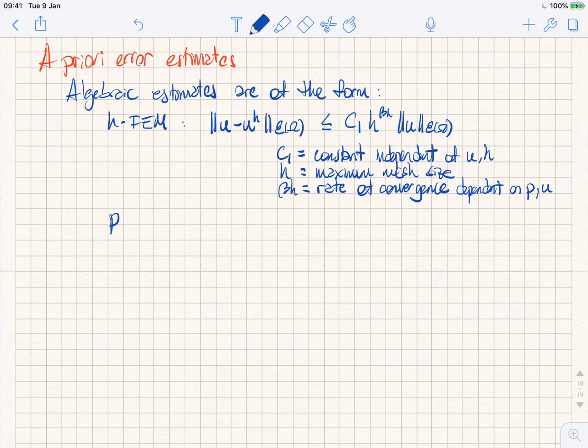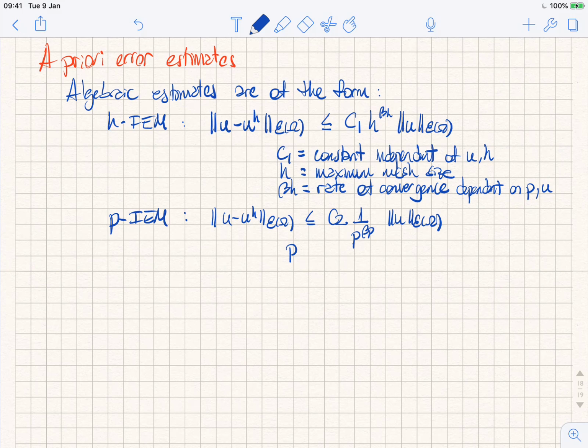For p-FEM, that estimate or algebraic convergence rate looks like this. And then C2, of course, is another constant.